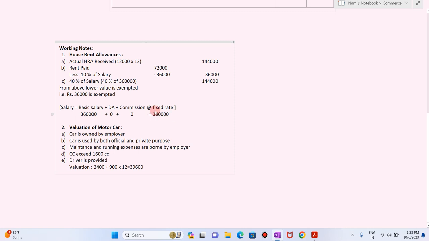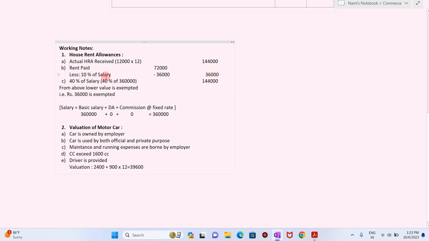So therefore, how much is the salary? 3,60,000. So 10% of 3,60,000 is how much? 36,000. So less this 36,000 from 72,000. How much we get? 36,000. Okay, this much is clear.